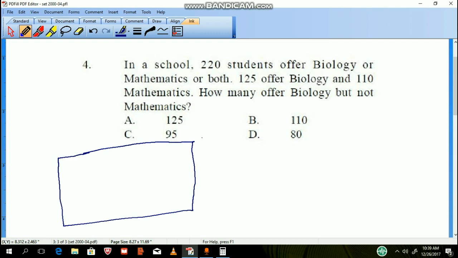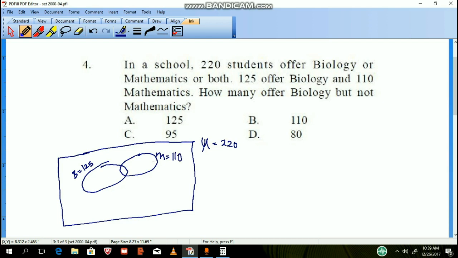We are told that in a school the total is 220 students. Biology is 125 and mathematics is 110.